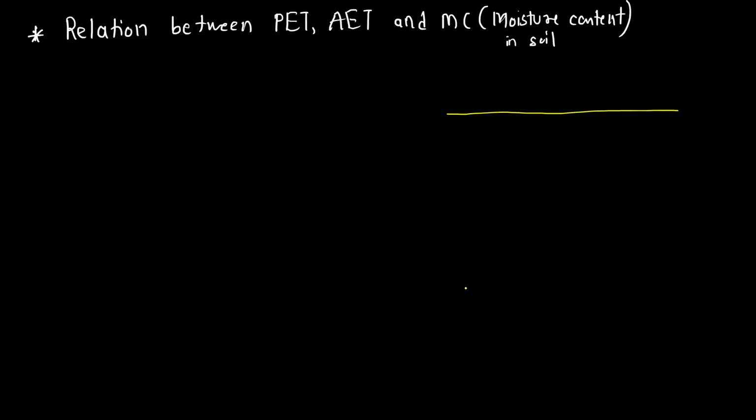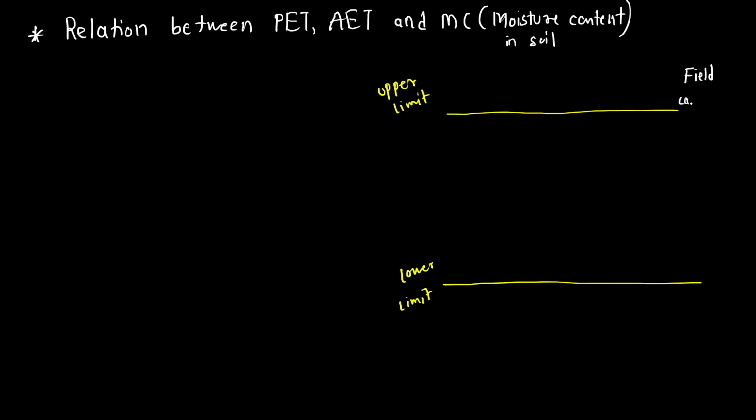This is the upper limit and this is the lower limit. The upper limit we are giving the name field capacity, FC.